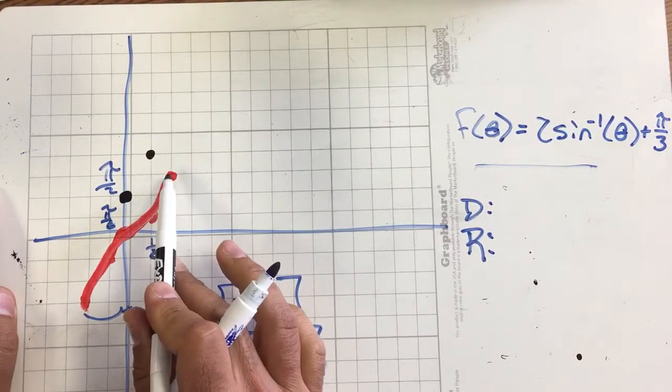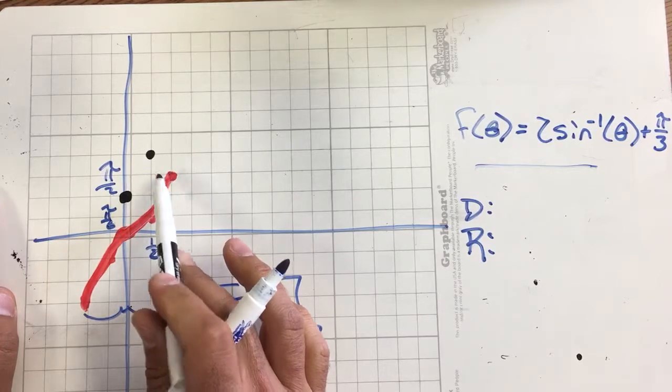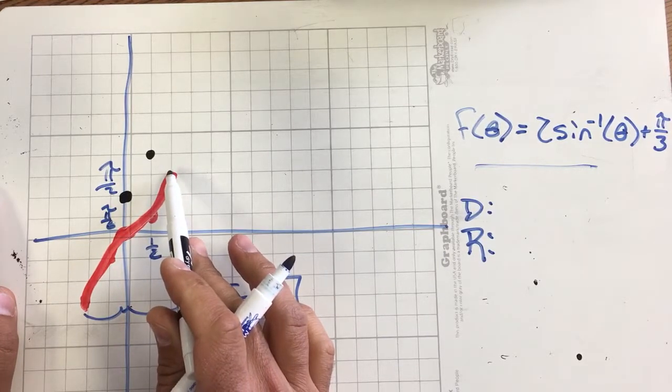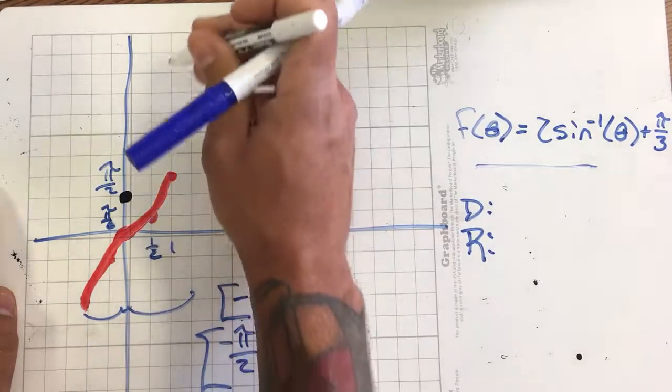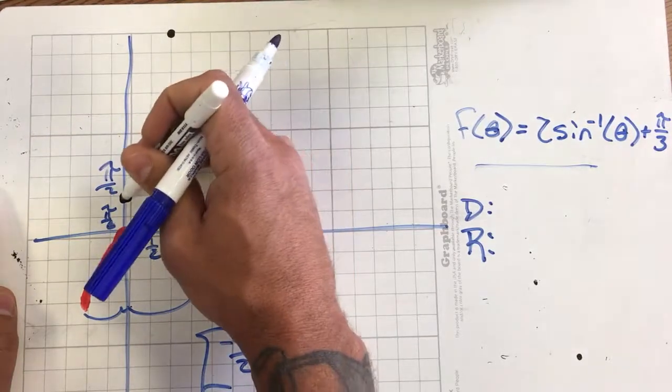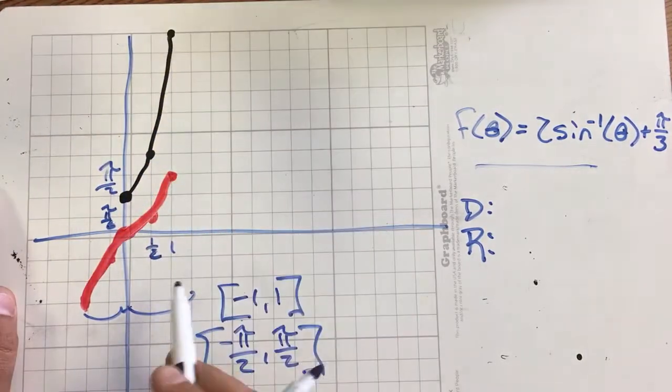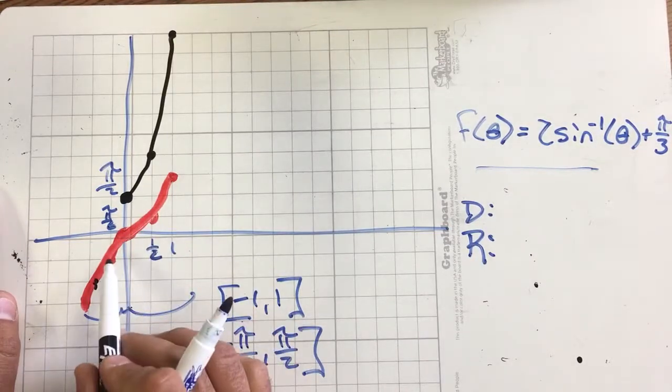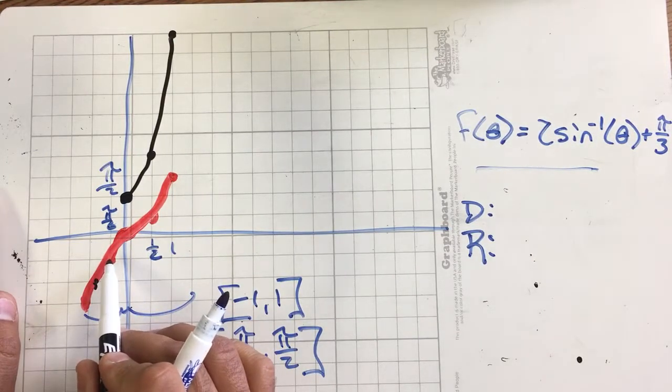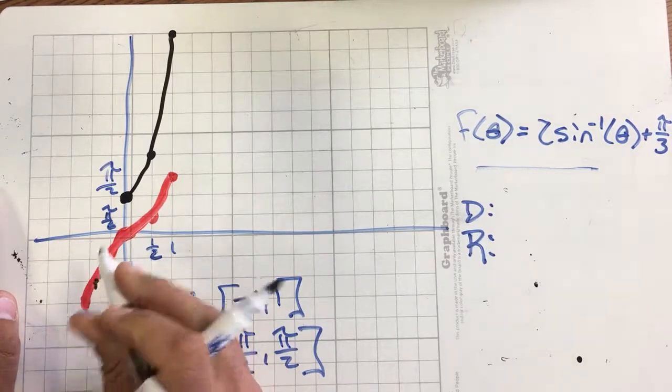Pi over 2 times 2 is going to be pi. Plus pi over 3 is 5 pi over 3, which is going to be right here. Do the same thing down here. So this is at negative pi over 6 times 2 is negative pi over 3. Plus pi over 3 is just 0.